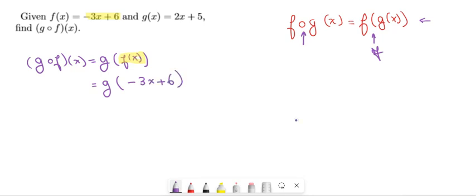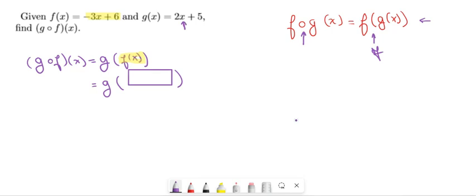So now what is the meaning of this again? I'm going to do something a little weird. I'm going to delete whatever I have there, and I have g of a parentheses. What's the meaning of g of a parentheses, or g of a box if you want? It means I'm going to substitute the box instead of the x in here.